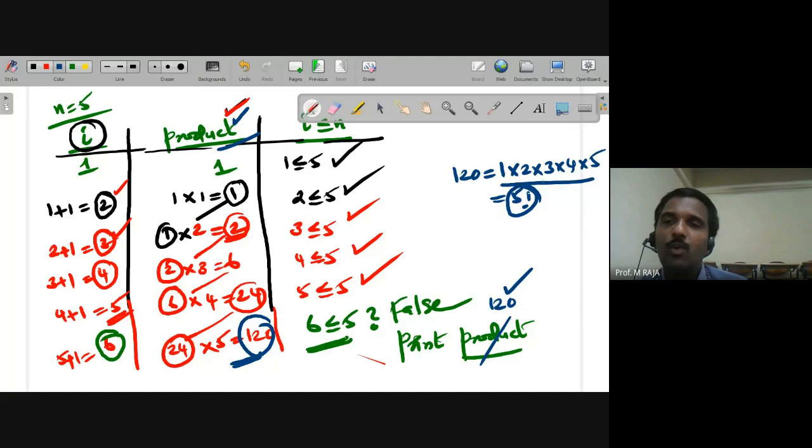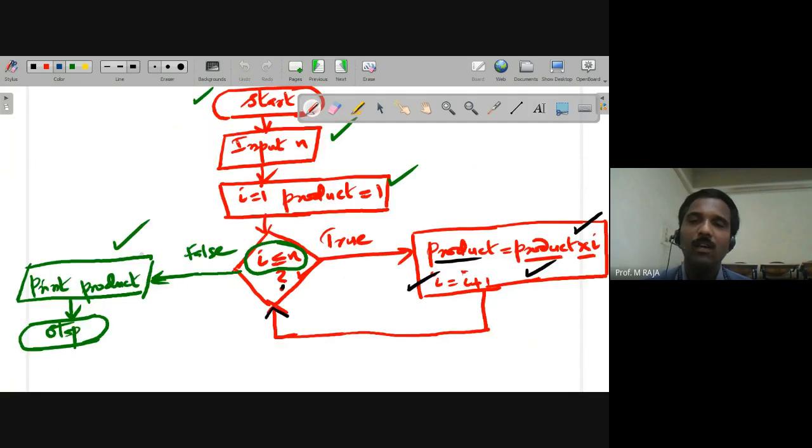That means the product of first n natural numbers is computed and the result is printed in this flow diagram, or in this diagrammatic representation. So here we can write: this is the flow chart figure.